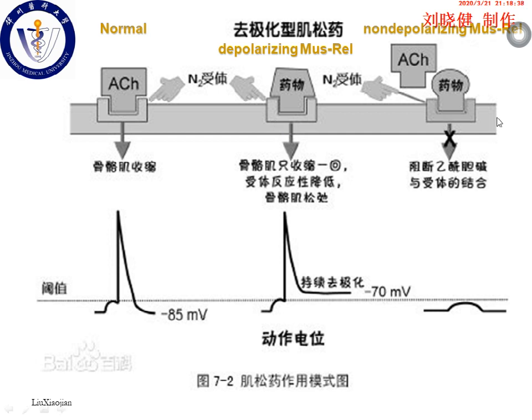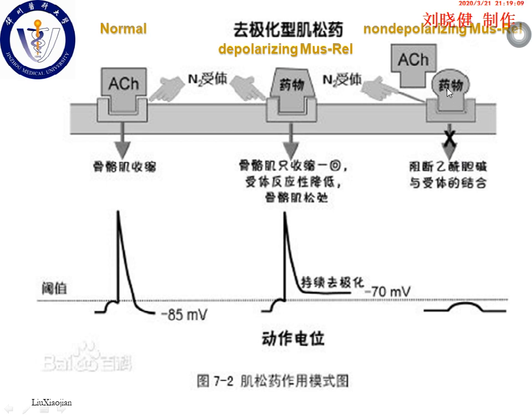There are some other agents that also have affinity to bind to the receptors, but compared with acetylcholine or depolarizing muscular relaxants, they have no intrinsic activity. Alpha is 0, so they are competitive antagonists of the N2 receptor. Remember, antagonists include competitive and non-competitive.